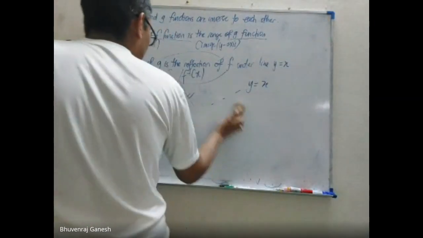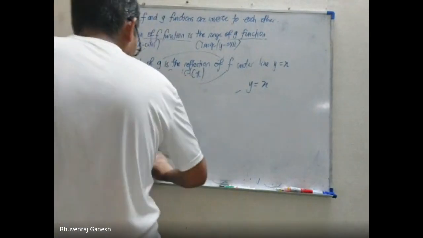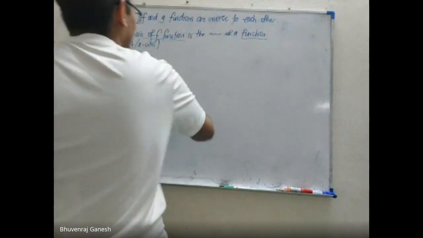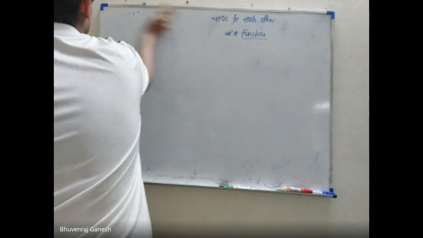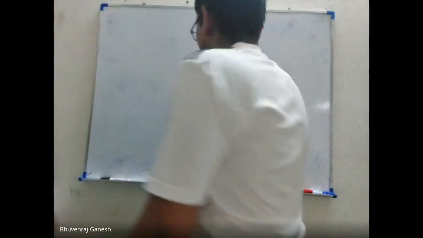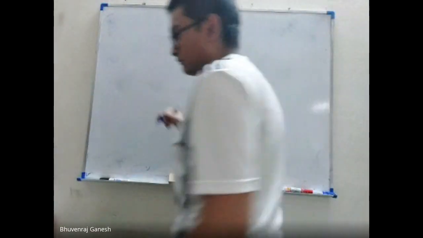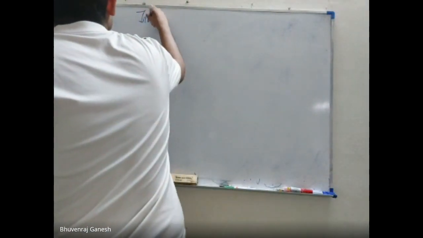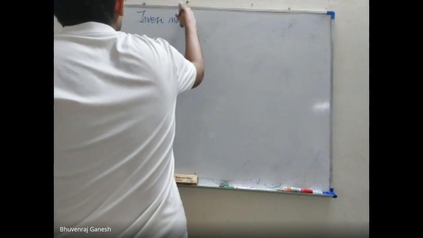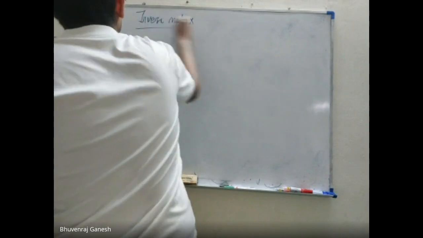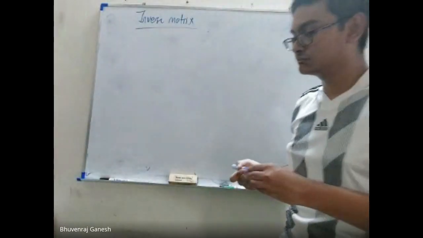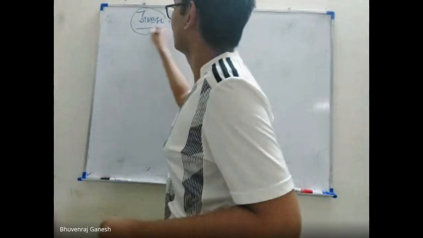And let's say you're struggling to grasp the concept of inverse function. There's another method to understand as well. Try to recall your inverse matrix. This one also applies the concept of inverse.